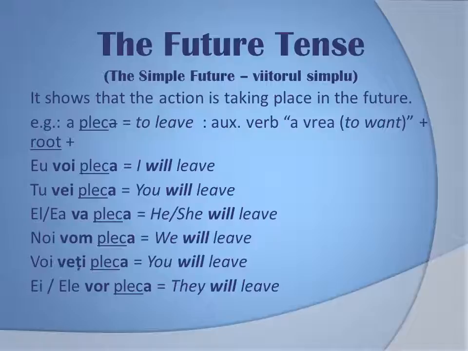Like in the previous cases, we identify the root, and for the future we will only add the letter A at the end, and this stands for all the cases, as you can see in this example.